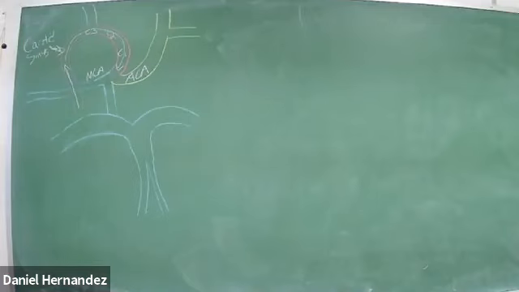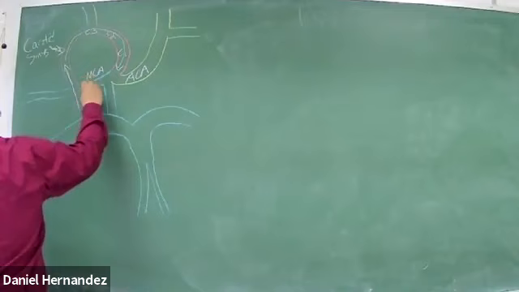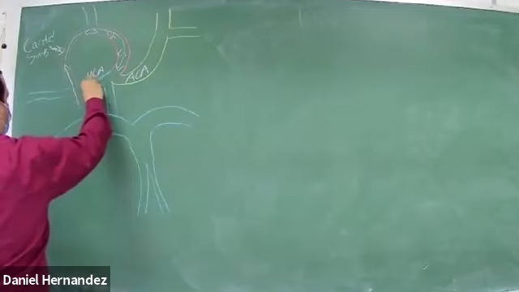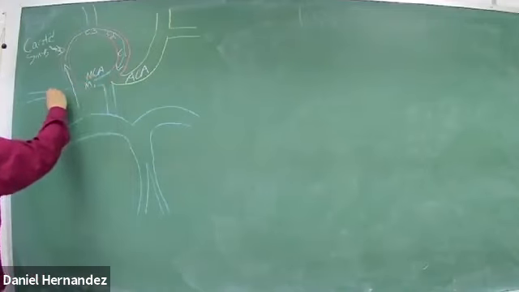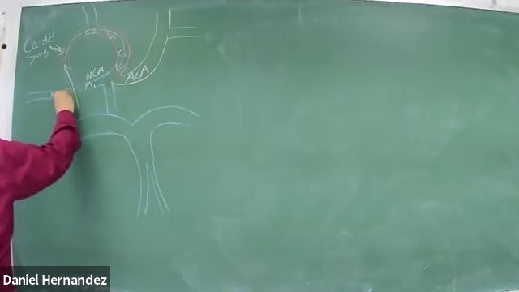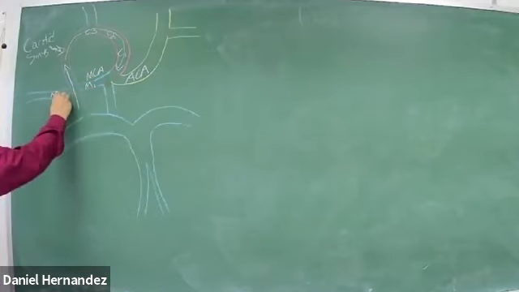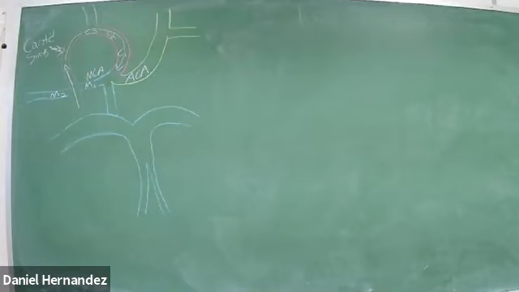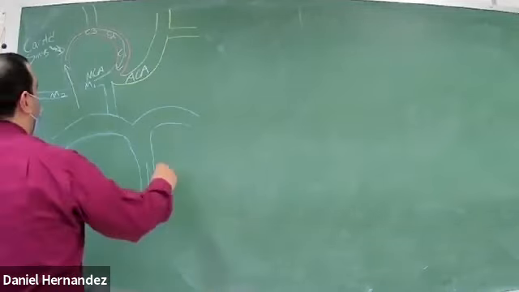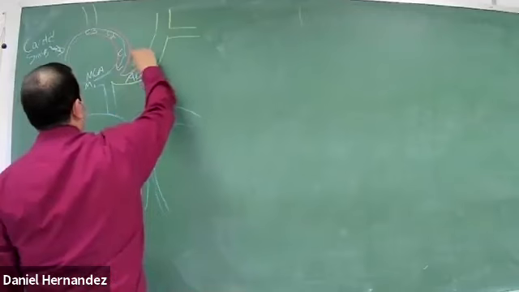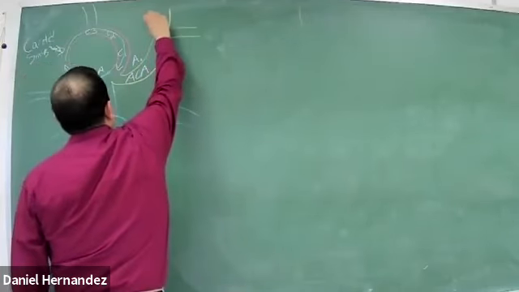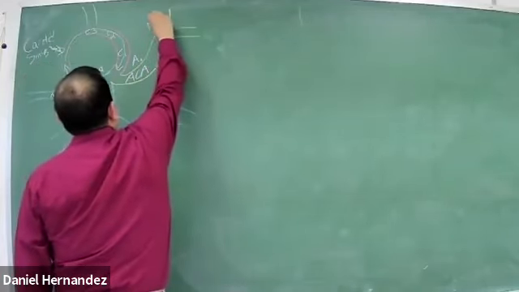The middle cerebral artery has two segments as well. The first portion is considered M1. The second segment is M2, the more distal segment. Our anterior cerebral artery also has two segments, an A1 and A2, the more distal segment.